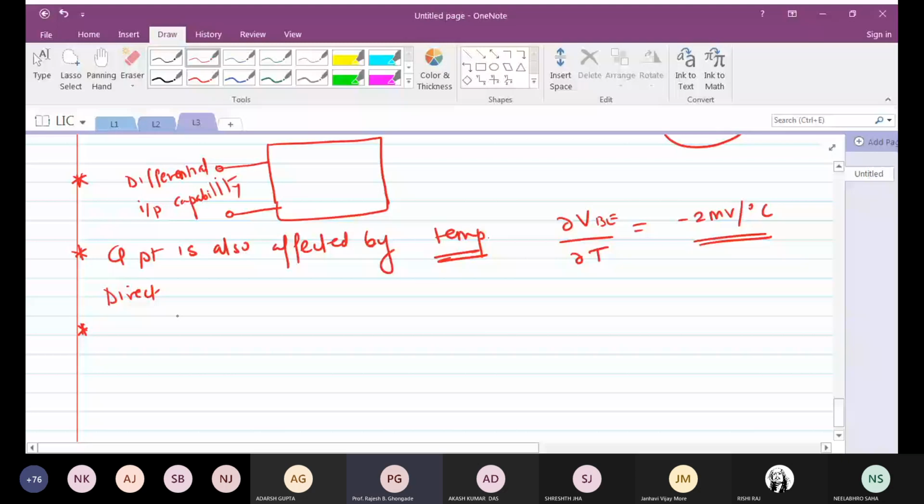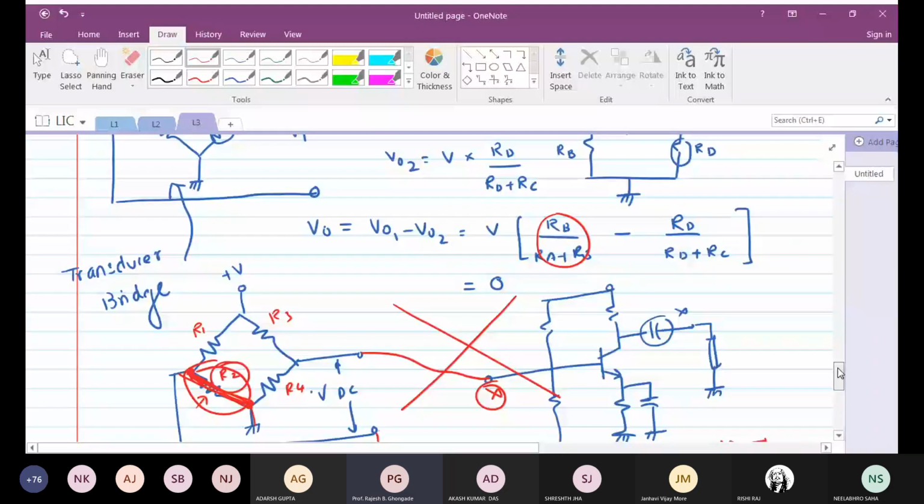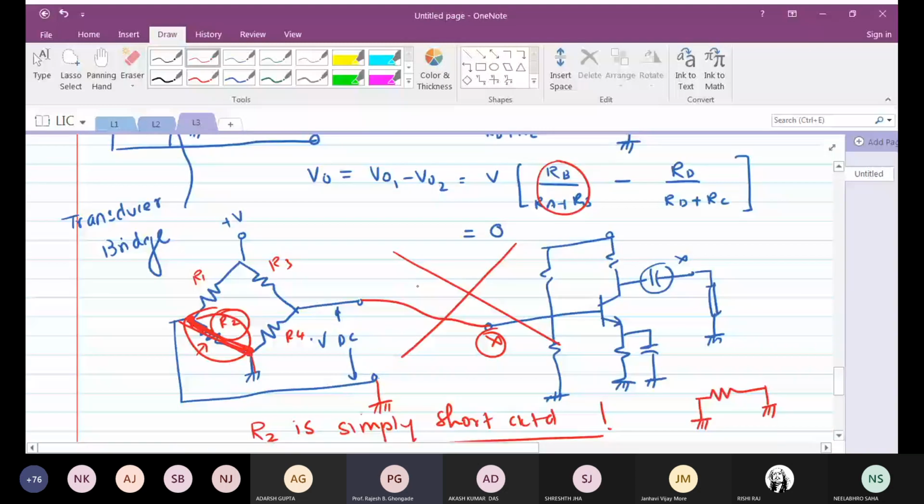And what more? Yeah, we have started with this. The direct coupling may shift the Q point. See here, we are not allowed to use a capacitor. So with direct coupling, this DC will affect the Q point. This voltage will be changed and correspondingly the Q point will also change.